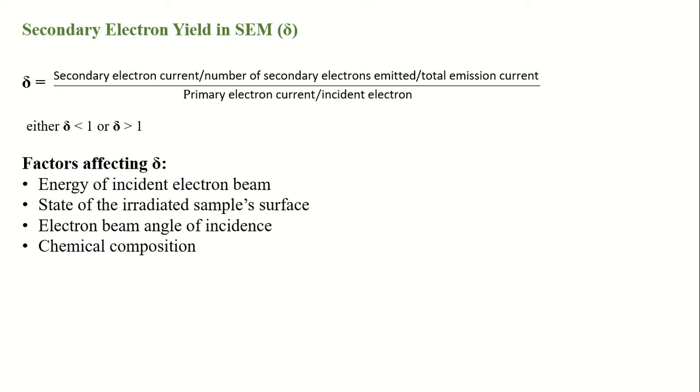The fourth point is the chemical composition. What does it mean? It means what kind of composition your sample has, the chemical composition, the electronic arrangement in your sample.